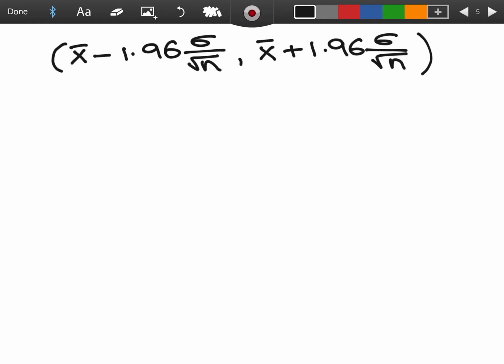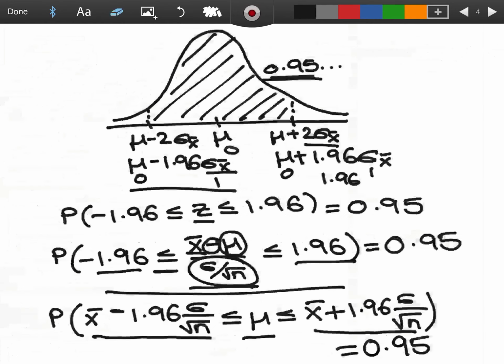Okay. We actually call that 95% that we use. So we know that the probability that the mean lies between these two values is 0.95. So we've got a 95% chance that it lies between the two values. We call that 95% a confidence, okay? It's how confident we are that the population mean will lie in that range.